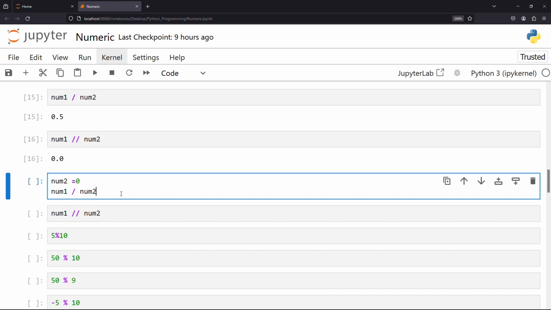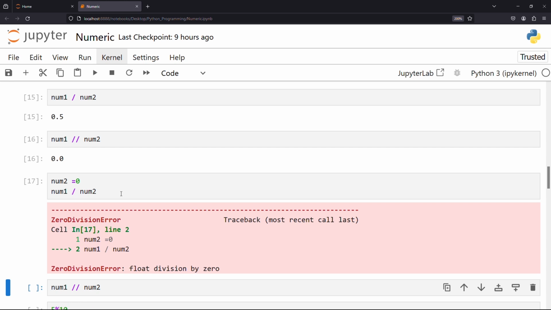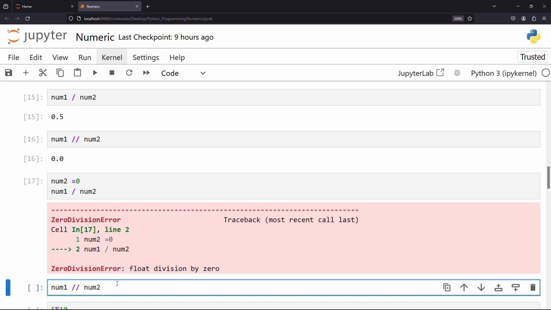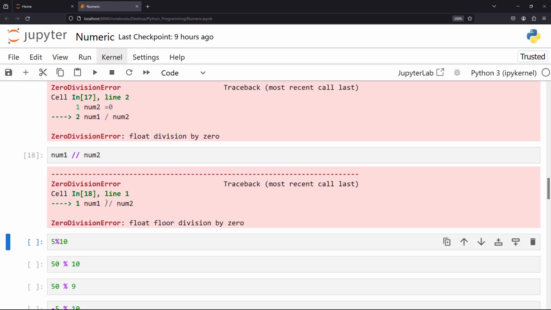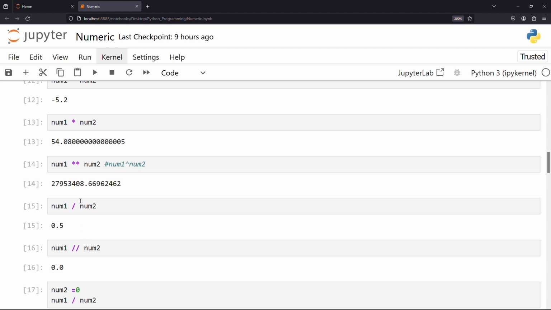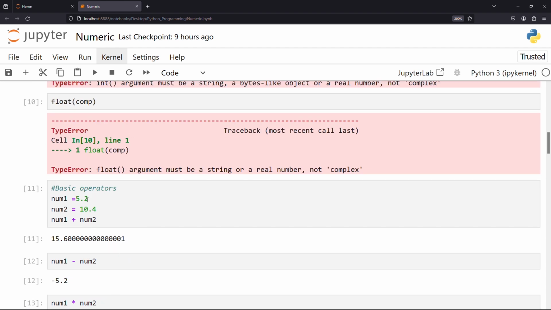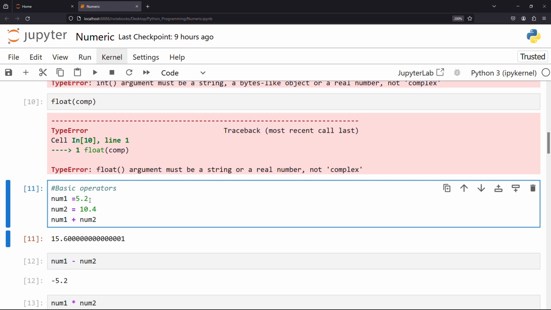Similarly, you can't do this operation, because number two's value is zero and it's in the denominator, so it gives a ZeroDivisionError. You can't do this operation either, which gives the same error. We have seen all these operations with float values. Let's change them to integers. Let's make it 5 and 10.